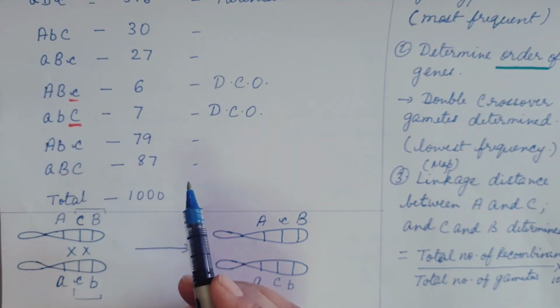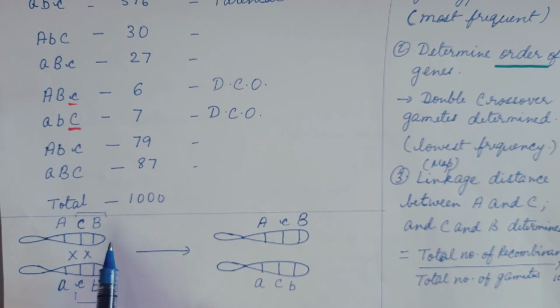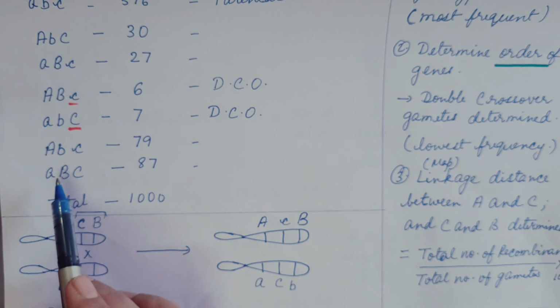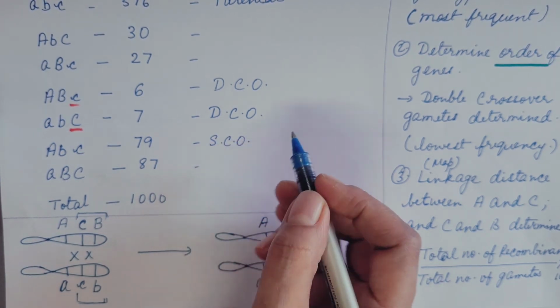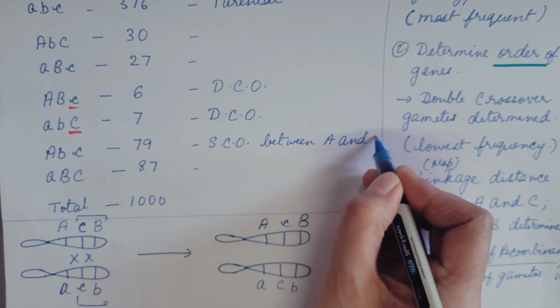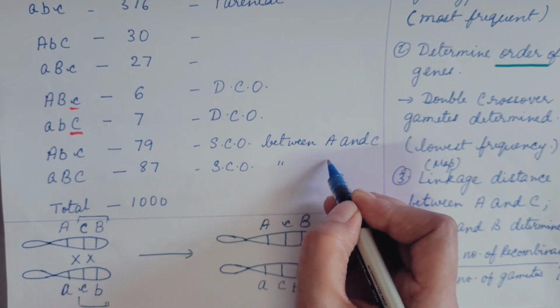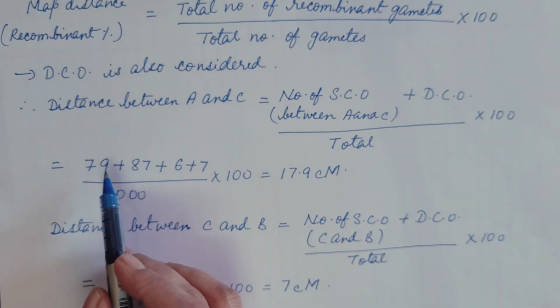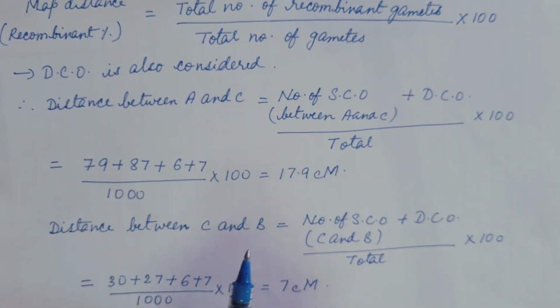From the table we will see the single crossovers between genes A and C. When the single crossover occurs between gene A and C, this region is exchanged with this region, and the gametes will have the genotype capital A, small b, small c, and small a, capital B, capital C. So these are the single crossover gametes between gene A and C. From the table, the number of single crossovers is 79 plus 87, double crossovers 6 plus 7, by 1000 into 100, and we get 17.9 centimorgan.